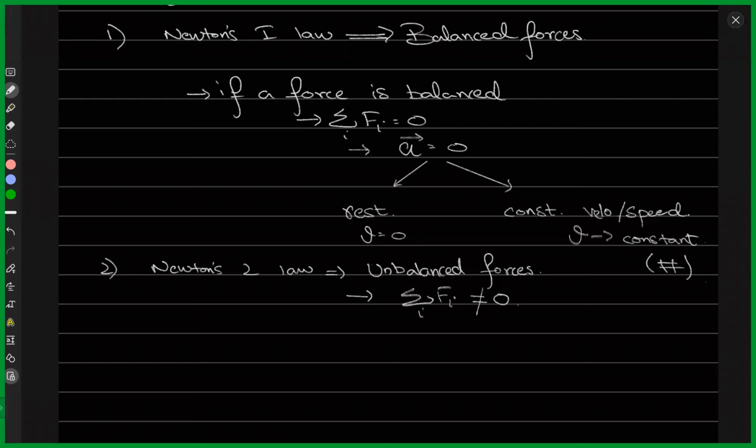Okay, so then this would imply that there is some net acceleration on the system. So acceleration is also not 0. And of course, if the acceleration is not 0, then again, you can make two conclusions from this. You can say that the system starts its motion, right?